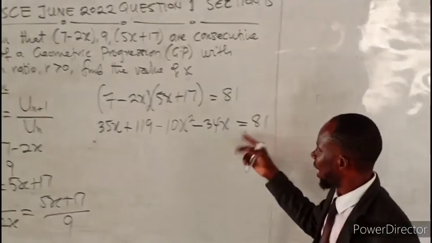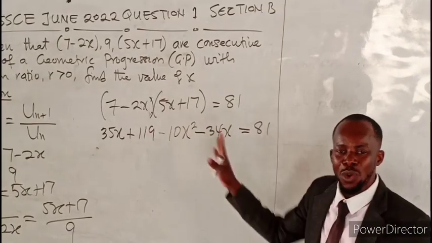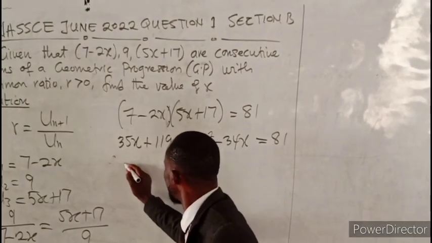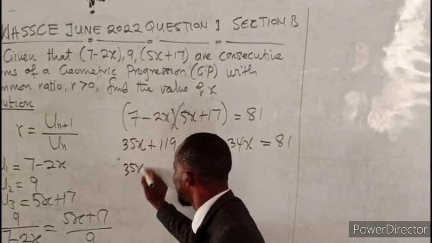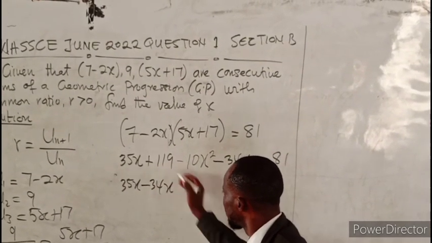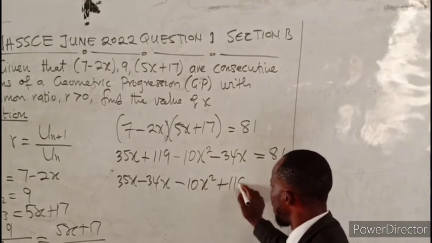So easy. I can see x squared, single x, single x. I can group this to have a quadratic equation. So this is going to be my 35x, grouping like terms, minus 34x, then minus 10x squared plus 119.